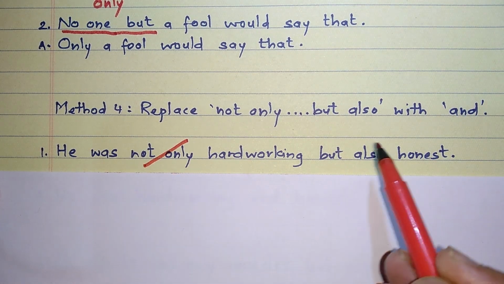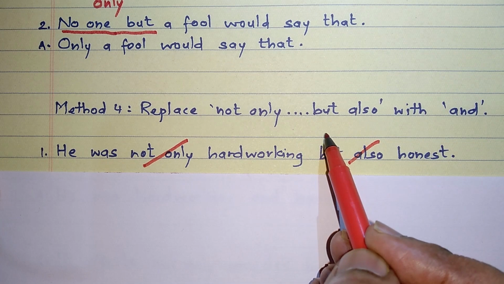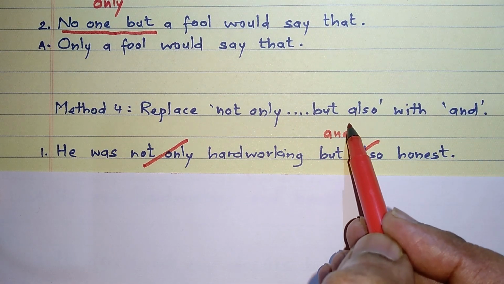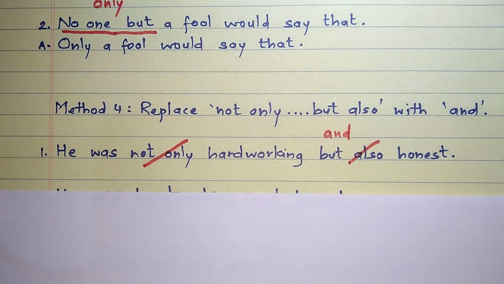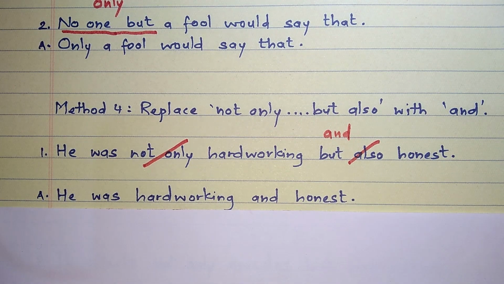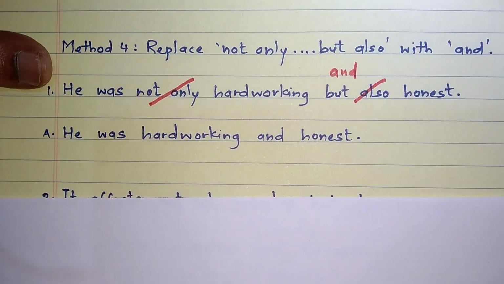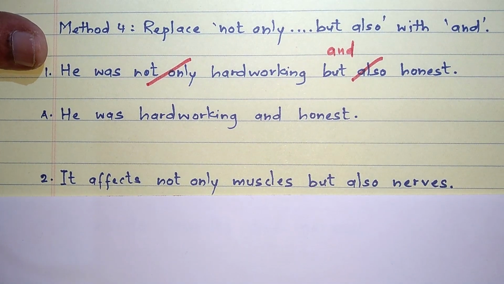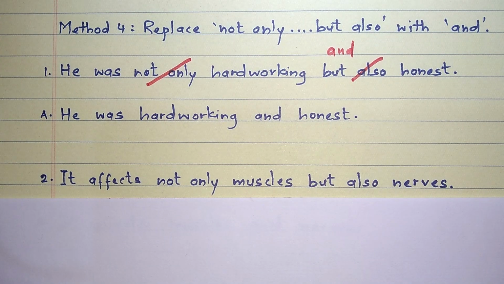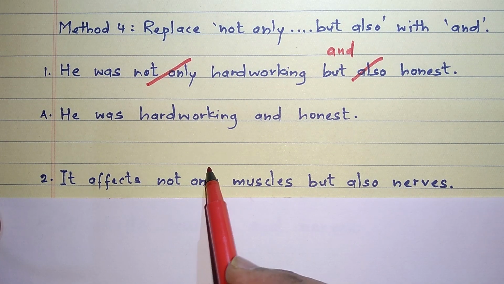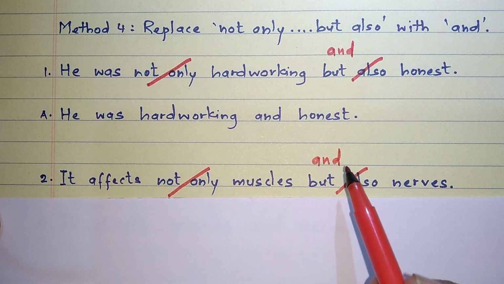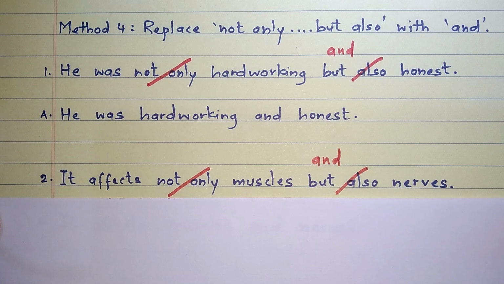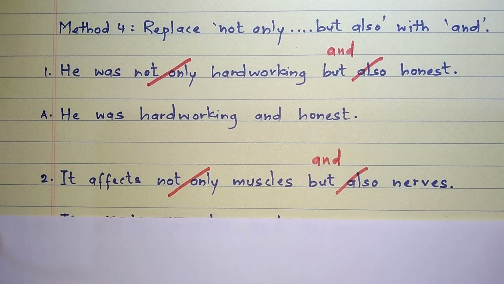We remove not only but also and replace it with and. So now the answer is he was hardworking and honest. Let's do one more example. It affects not only muscles but also nerves. Not only but also is replaced with and. So the answer becomes an affirmative sentence. The answer is it affects muscles and nerves.